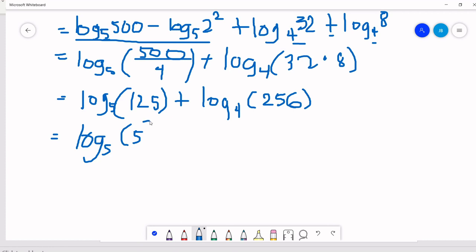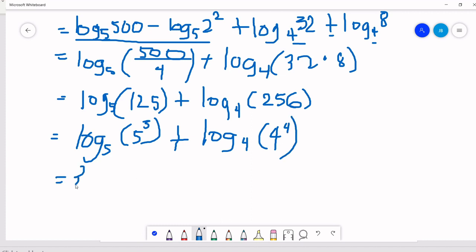So this is 5 cubed, plus log 4. How about 256? Let's find ways: 4 times 4 times 4 times 4. There you go, what a lucky number. 4 raised to 4. Therefore we have 3 log 5 of 5.